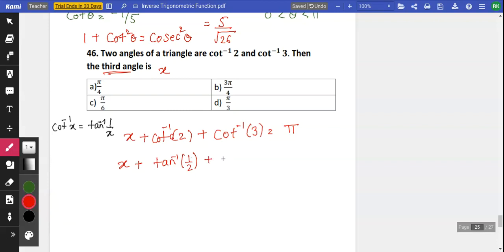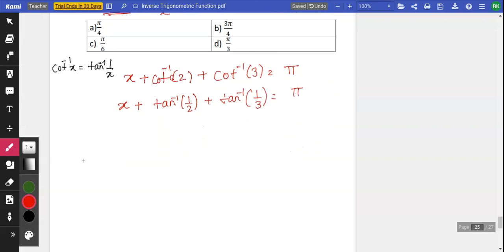Also cot inverse 3 can be written as tan inverse 1 upon 3, so x plus tan inverse 1 by 2 plus tan inverse 1 by 3 is equal to pi. Again we use the formula of tan inverse x plus tan inverse y.